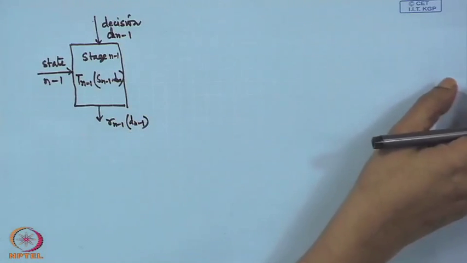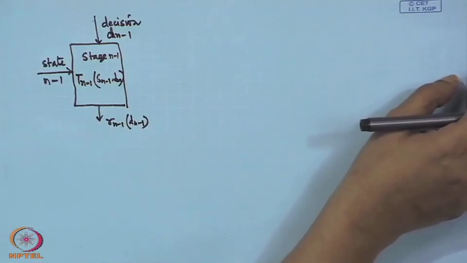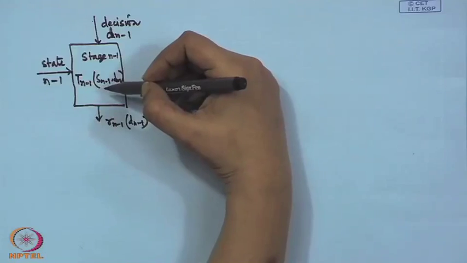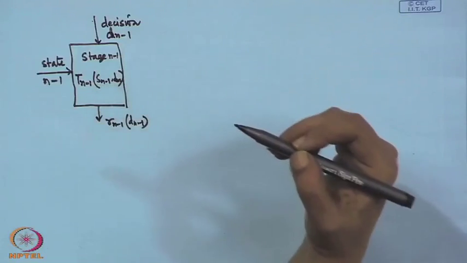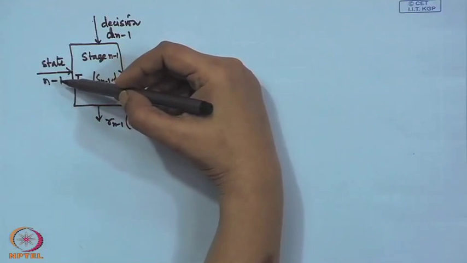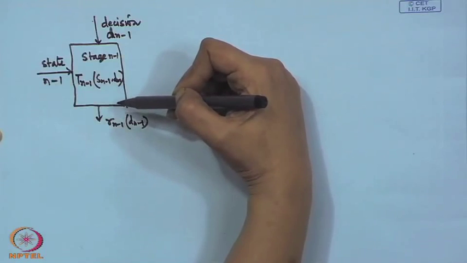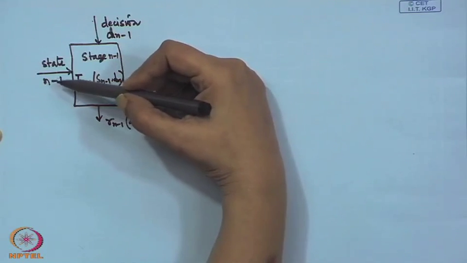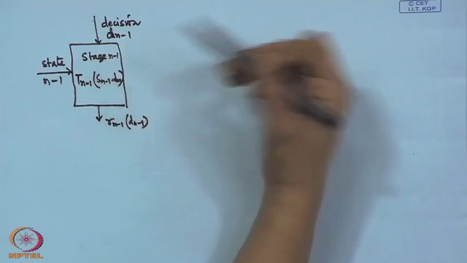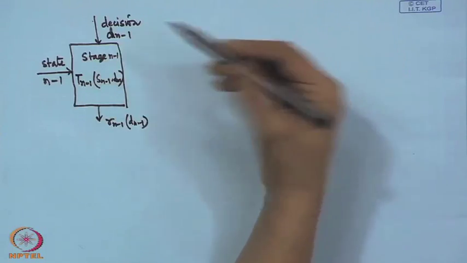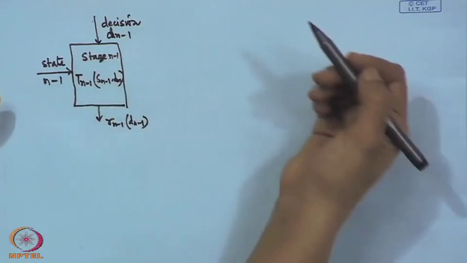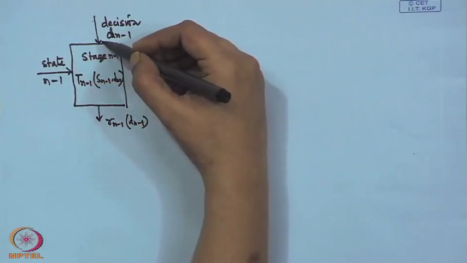Actually, the essential feature of the dynamic programming technique is that we divide the problem into different stages. For every stage there are a number of state variables, and state variables are responsible for explaining the corresponding stage completely. For every state there is a list of decisions, and we incorporate the state as well as the corresponding decision.